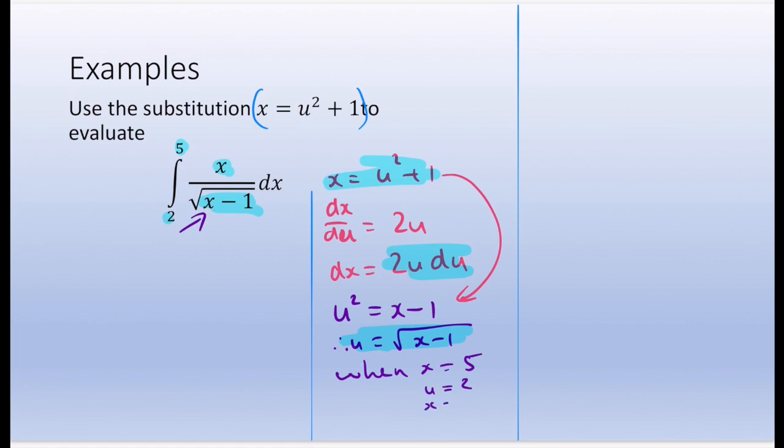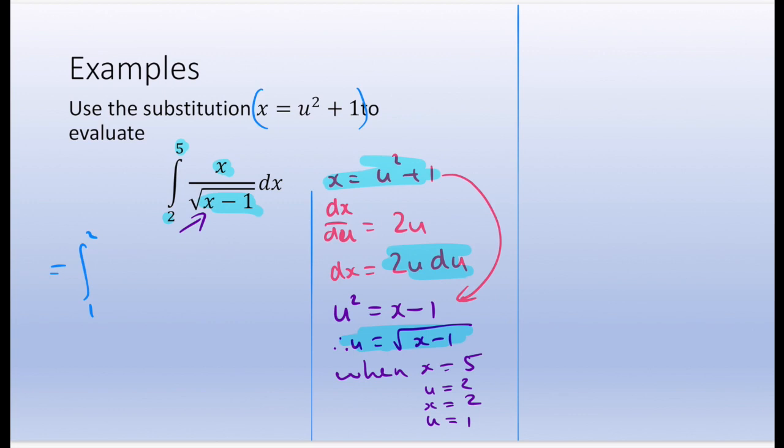So when x equals 2, u equals 1, because can you see what I've done? 2 minus 1 is 1, square root of 1 is 1. All right. Hopefully that makes sense. If not, please ask. And now I'm set. So I'm going to get started. Let's go. So my new boundaries are now 2 and 1.